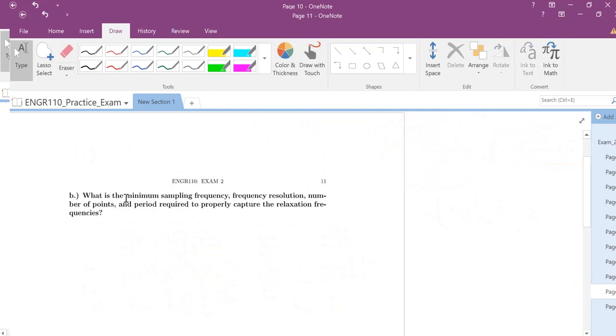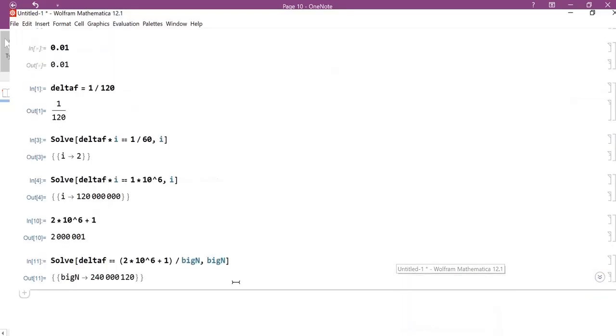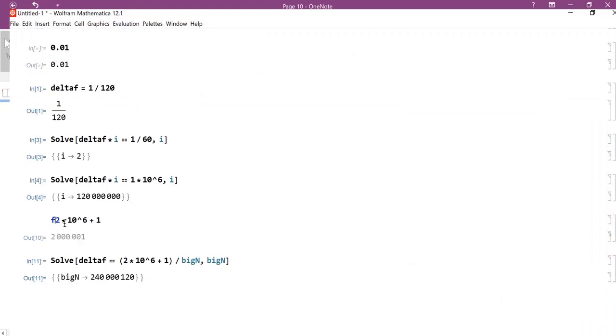So B, what is the minimum sampling frequency, frequency resolution, number of points, and period required to properly capture the relaxation frequencies? We've already set this out here. For the minimum sampling frequency, it has to be integer values, so the minimum would just be this. Fs min would be here.